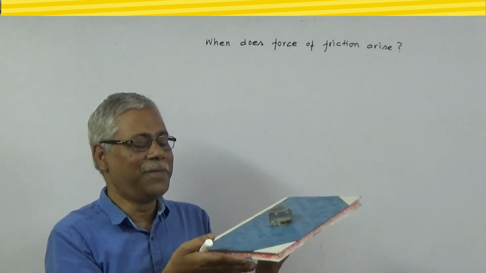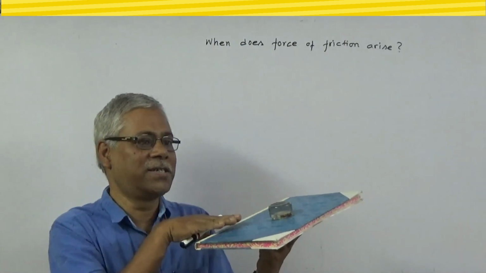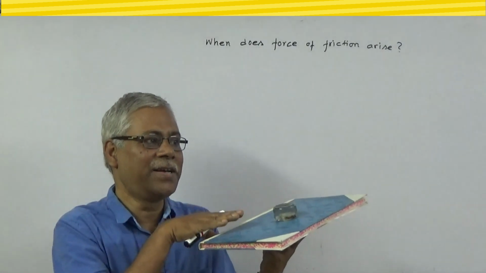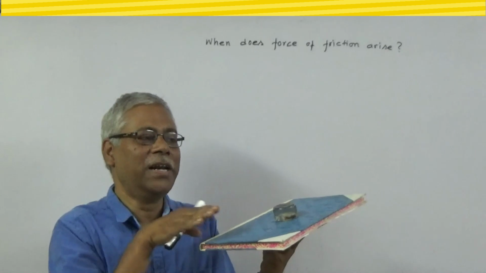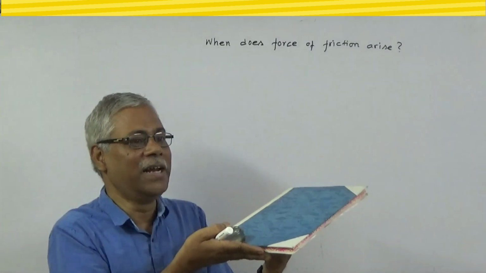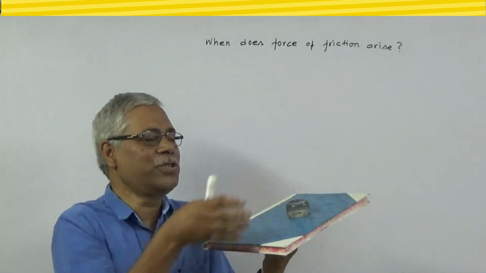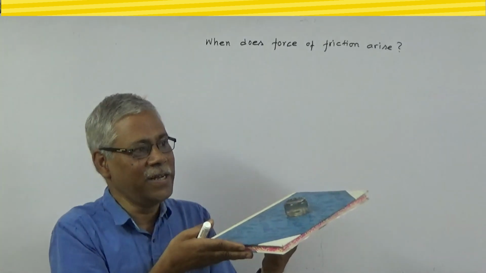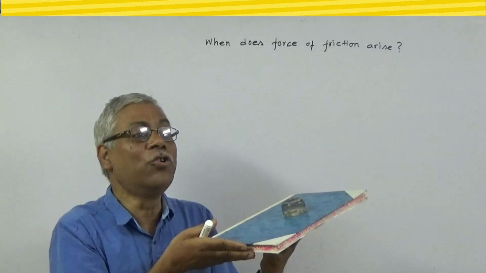Frictional force always acts in such a direction that it can stop or prevent relative motion. Then when the surface is tilted further, the relative motion starts. In this situation also, frictional force is acting and it is trying to stop the ongoing relative motion.